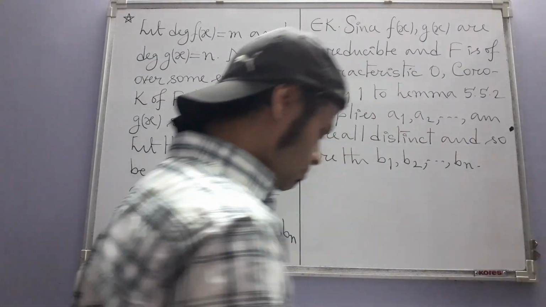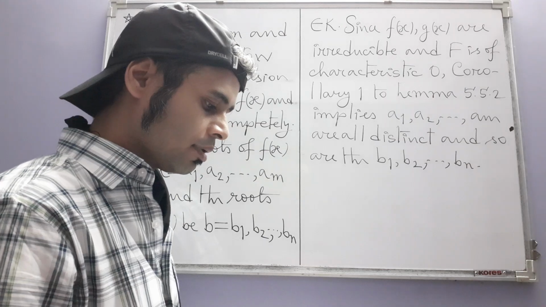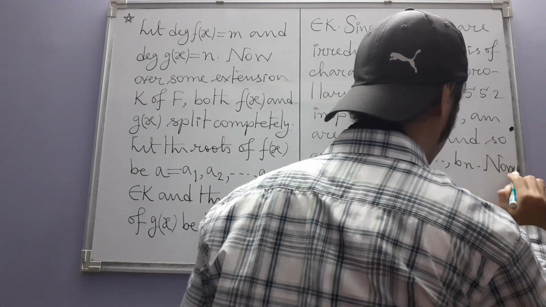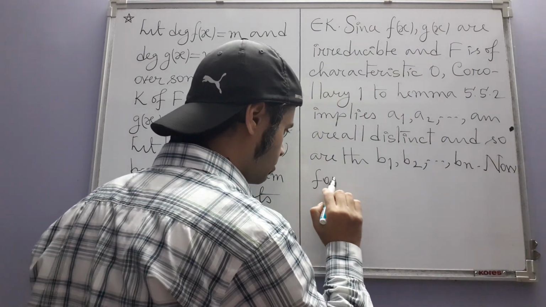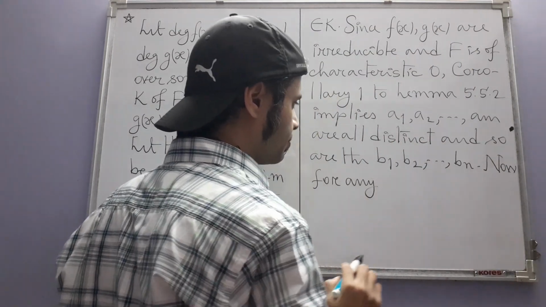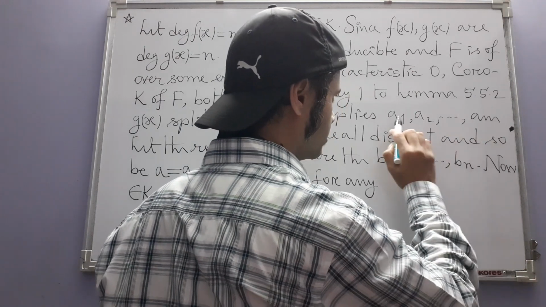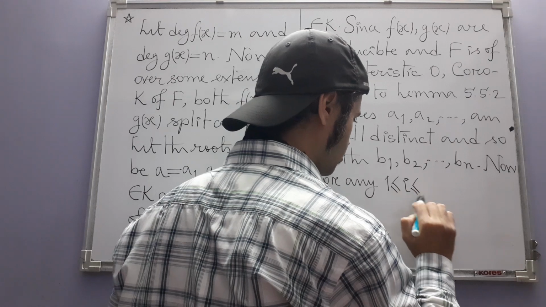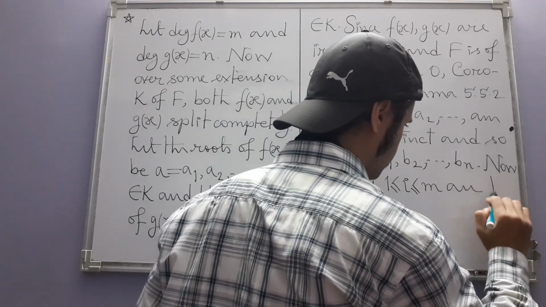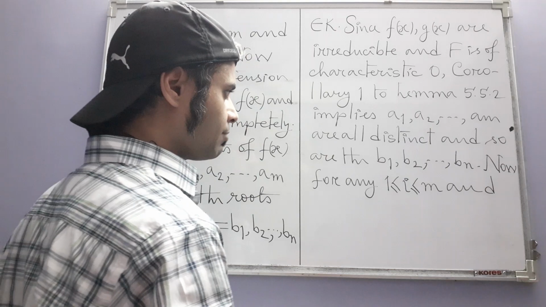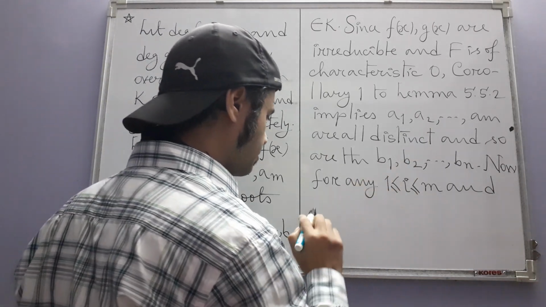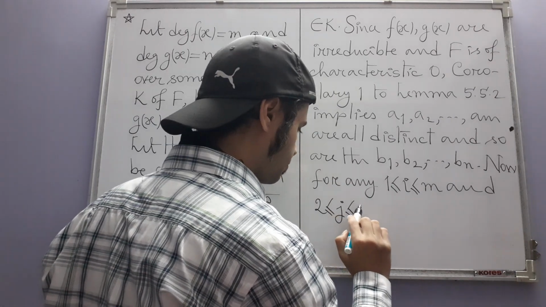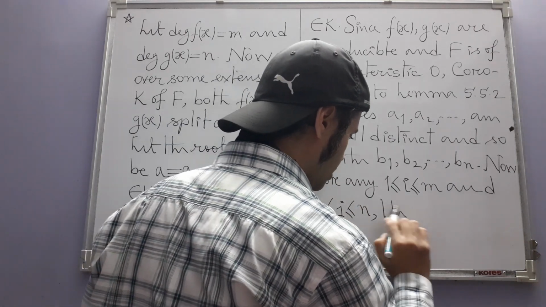Now we are going to look at a linear equation. For any i in this range, and in the suffixes I am talking about, and j, where in case of j we will not consider 1, the equation.